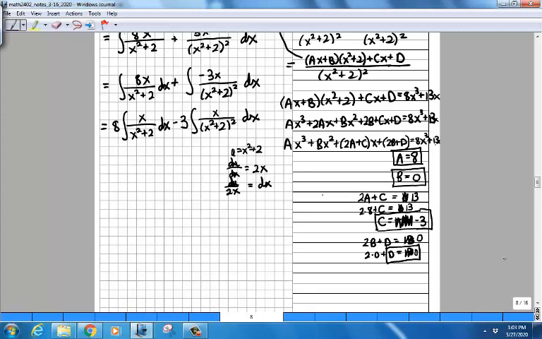So this is what I will substitute for dx, right? So I have antiderivative of x over u, because u is going to be x squared plus 2, right? Okay, and then times dx here, but dx is du over 2x.